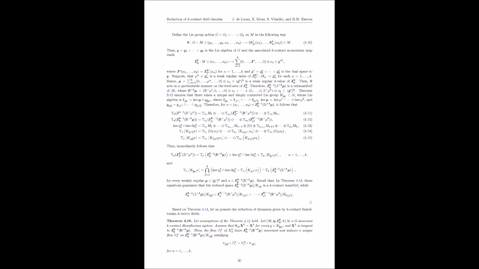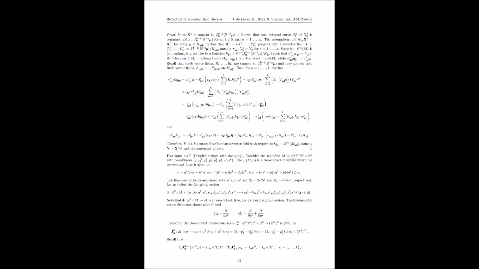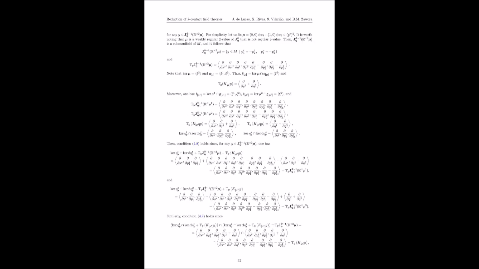Yes. Crucially, the theorem also states that the Reeb vector fields R_i of the original manifold M project down via the differential of the projection map to become the Reeb vector fields of the reduced k-contact manifold M_μ. That's really nice. The essential geometric features are preserved. How is this theorem proven? The proof strategy is exactly what we set up. 1.